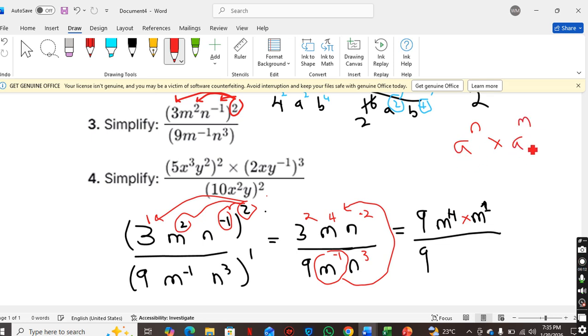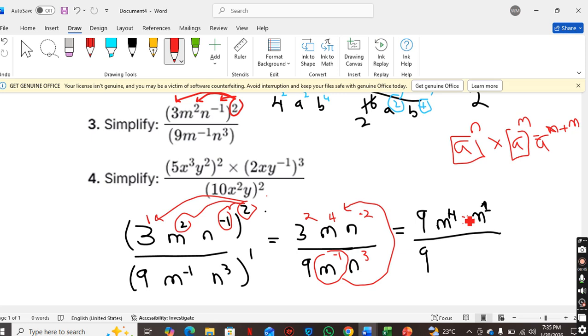When you're multiplying similar bases, a and a are the same, you just add. So a to the power n plus m. So if you bring this negative exponent to the top, you can apply that. m to the power 4 times m to the power 1, you get m to the power 5. That's one way you can do it.